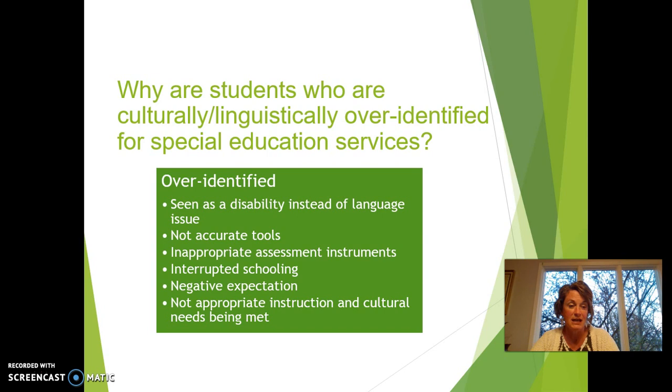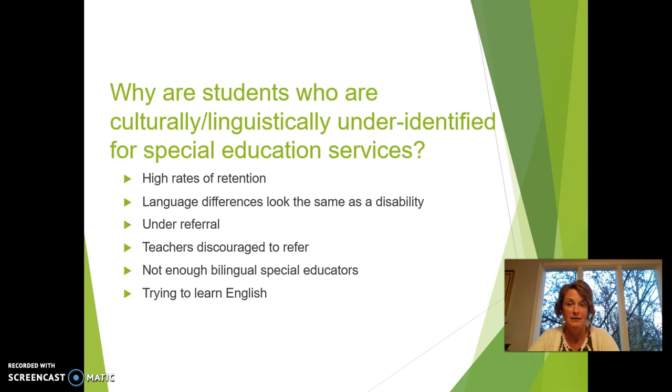A lot of times, and I can mention this in the next slide as well, there are not a lot of teachers that are bilingual. If we had more of those, it would help, because then they could understand exactly what these students are saying or what they're really grasping. So those are some reasons why kids are over-identified.